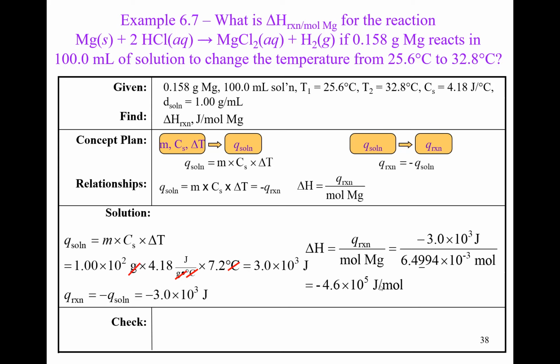And this one they left in joules per mole, but you could move it to kilojoules, just kind of depends. And that's only moving the decimal point over 3 spots. So that would make it 4.6 times 10 to the 2 kilojoules. You saw from the last exam and what I tell you here in the lecture, I'm not trying to trick somebody with kilojoules versus joules.